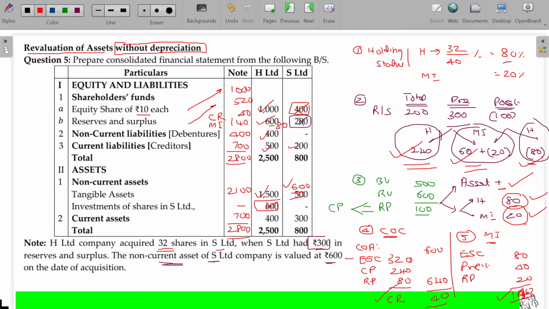Minority interest should be before non-current liabilities and after the shareholders' funds. Okay, clear? Come on, make a note of it.